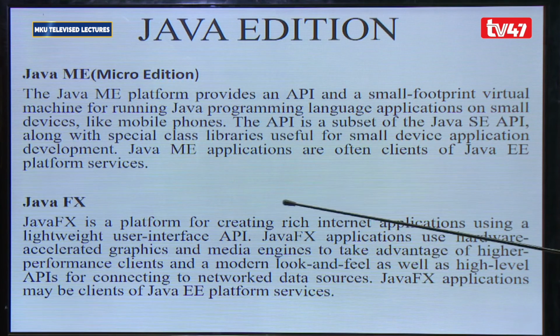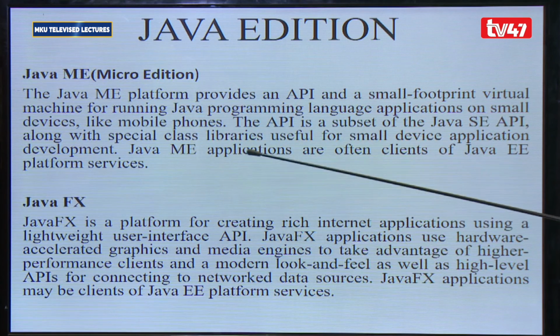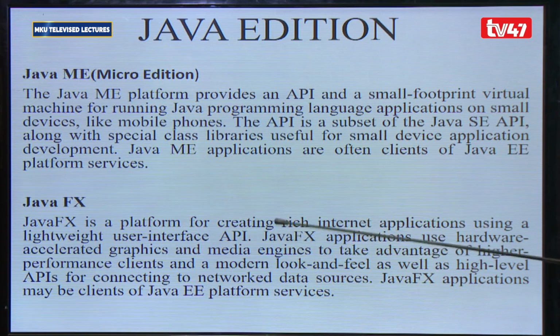As earlier indicated, anytime you mention APIs, what should come to mind is a mobile phone. The API is a subset of the Java SE API alongside special class libraries for small device applications. So Java ME are often clients of the Java enterprise platforms.